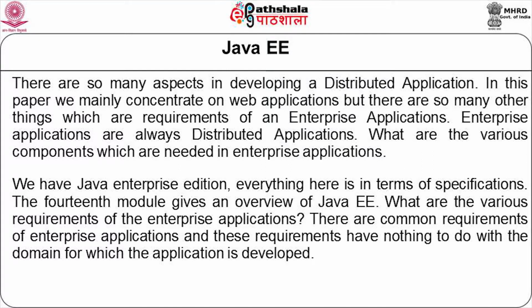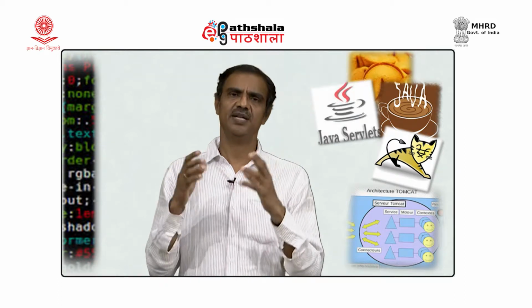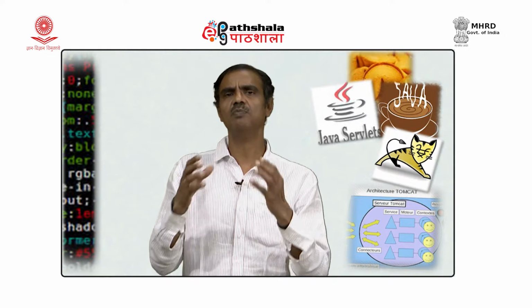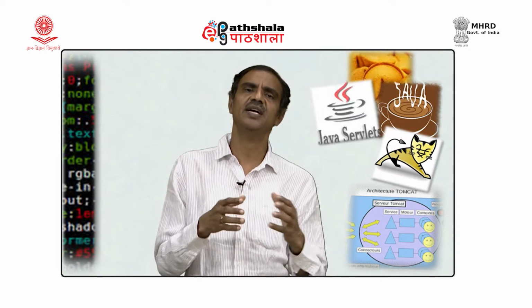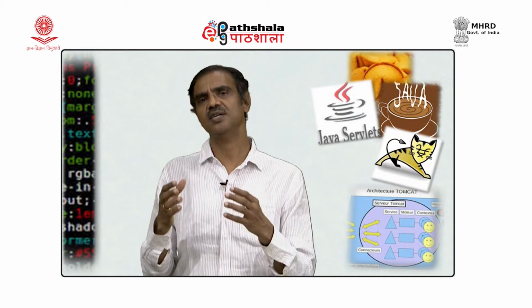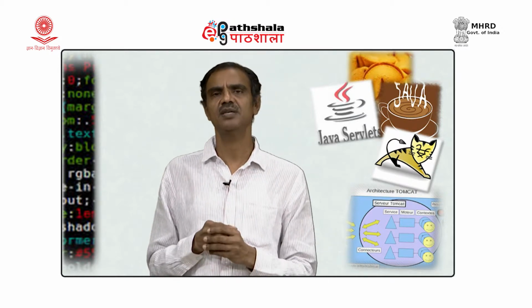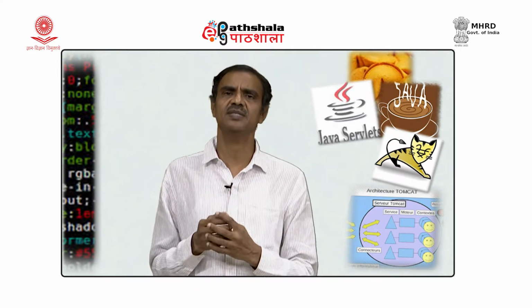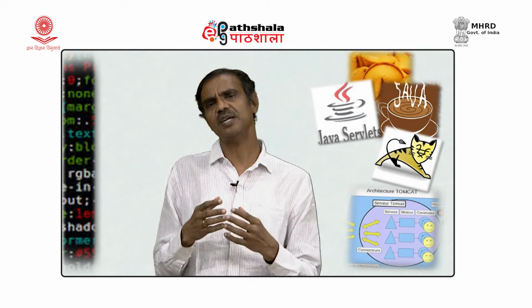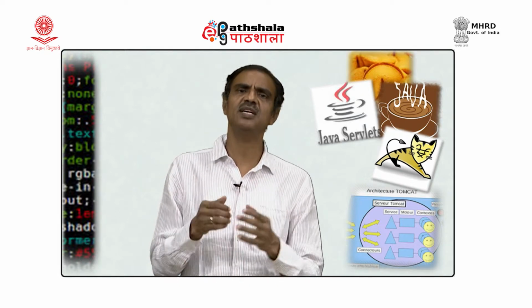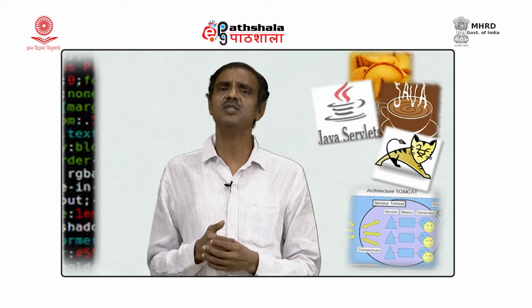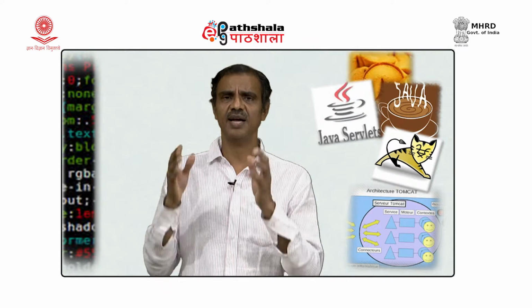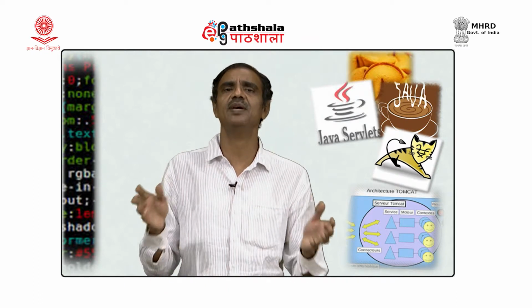Enterprise applications are always distributed applications, and therefore, what kinds of components are needed in an enterprise application? We have the Java Enterprise Edition. Everything here is in terms of specifications. What are the various requirements of an enterprise application? There are common requirements, and these have nothing to do with the domain for which the application is developed.